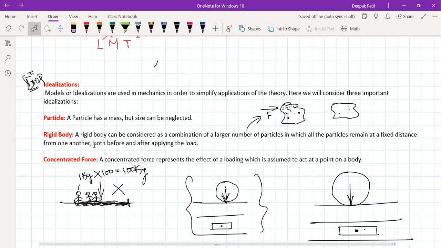When you study the orbital motion and take the effect of the size of the Earth into consideration, the shape or size of the Earth may affect your study of orbital motion.